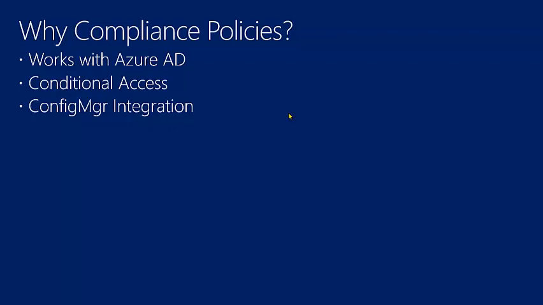So what is conditional access? We'll do at some point a session just on conditional access because it has a number of tools and levers you can pull to help make decisions about accessing your environment. But conditional access helps protect organizational data by requiring users and devices to meet certain requirements.